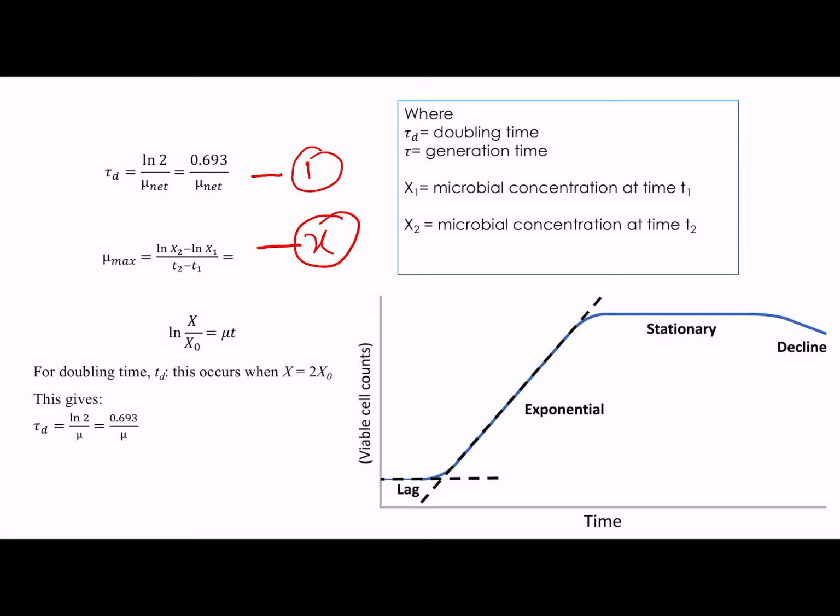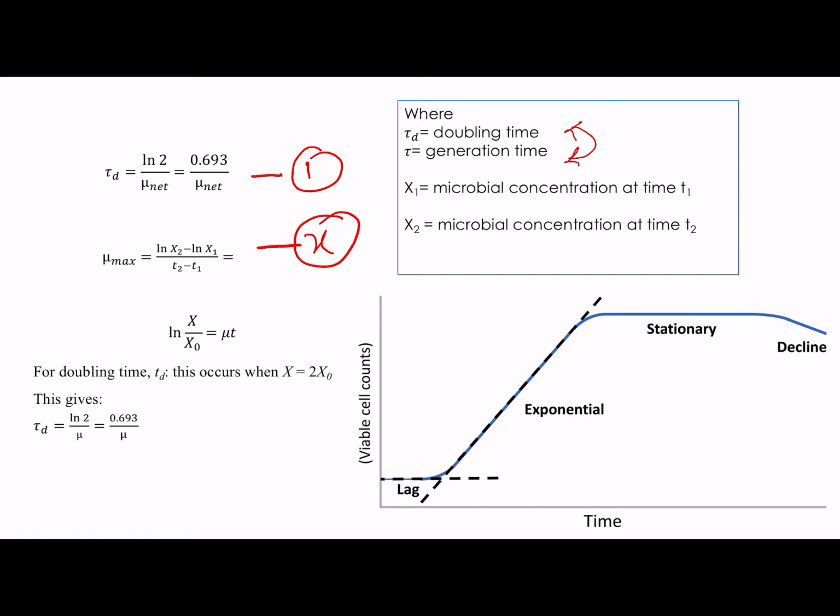So tau d is the doubling time. Tau is the generation time. Remember, I said earlier that we have multiple generations occurring within the exponential phase. But in some examples, they equate them to mean the same. It will make sense in the next couple of slides.